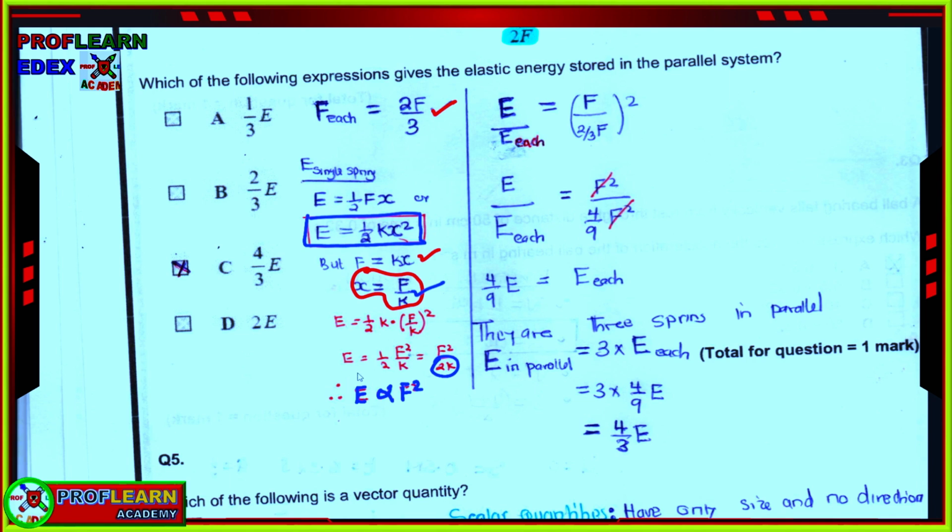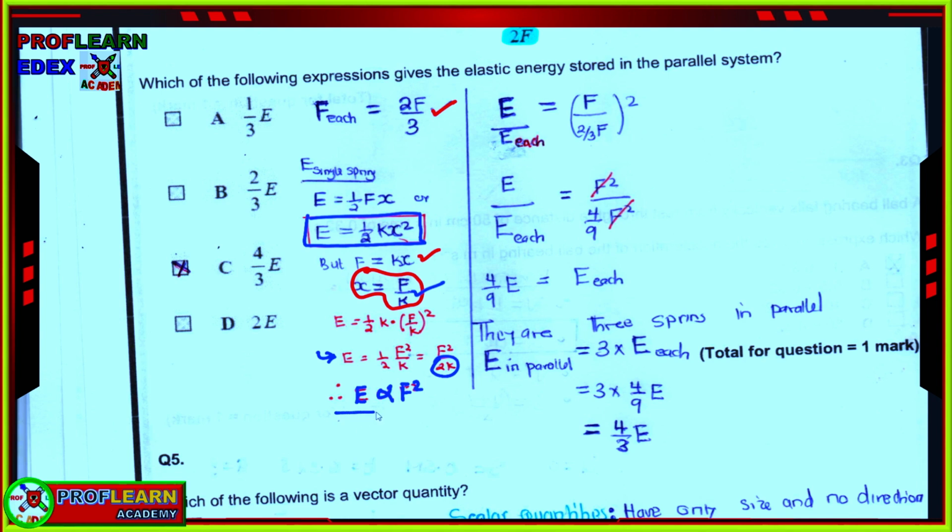So we can say energy stored in a spring is proportional to the force squared. That's why I am using this equation here, so that I can come up with this relation: energy stored in the spring is proportional to the force squared.